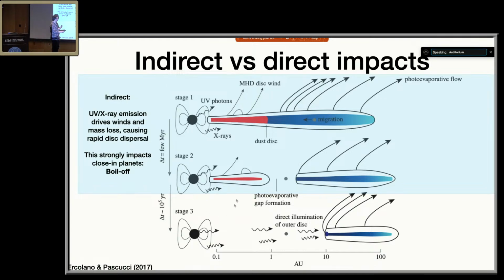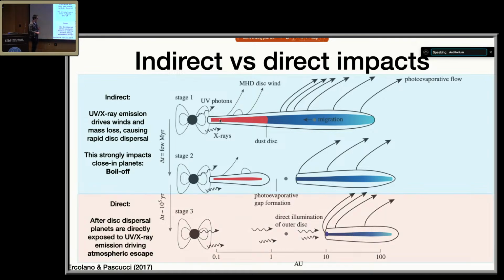You have an evolving protoplanetary disk here, and the UV radiation is driving winds from these disks, and these winds are driving disk dispersal. Now, the planet is sort of in the wrong location in this cartoon. You can think of it as more being here. Right, so the fact that a planet exists in a disk during disk dispersal has a big impact on that planet's evolution, and I'll show that.